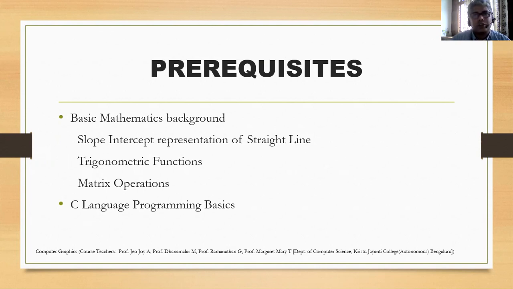But don't worry, for students who do not have all these mathematical backgrounds, we will be brushing up all these terminologies before we use them in the various derivations through this course. And of course, since we are going to implement the graphics programming through C language, it is expected that the students have the C programming basics already done before starting this course.